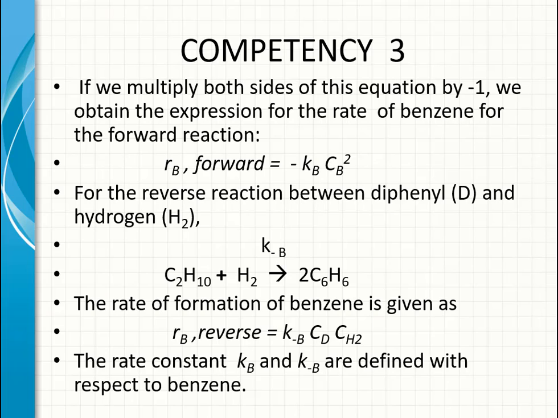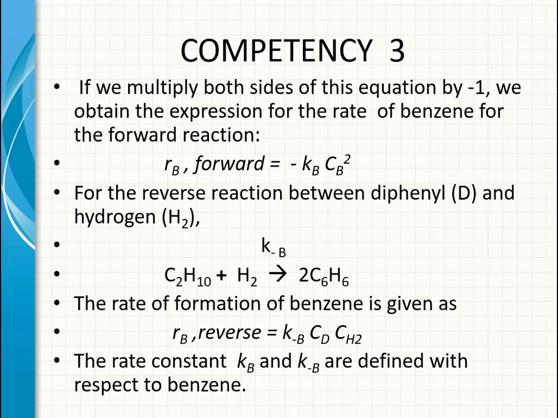If we multiply both sides of this equation by minus 1, we obtain the expression for the rate of benzene for the forward reaction. So here we have Rb forward is equal to minus Kb times the concentration of B elevated to the second power.